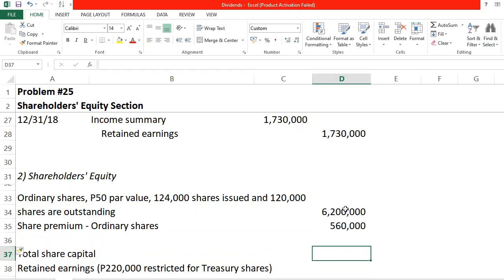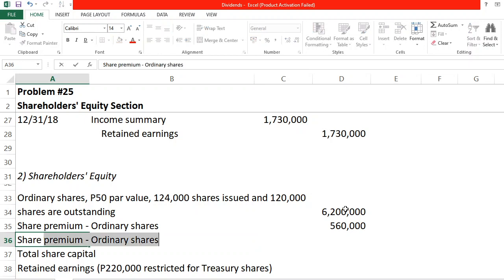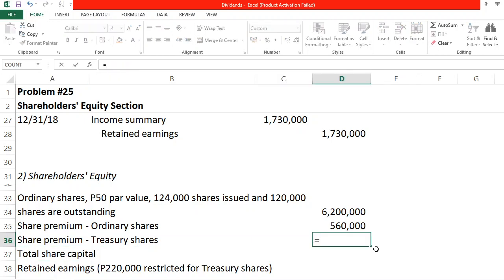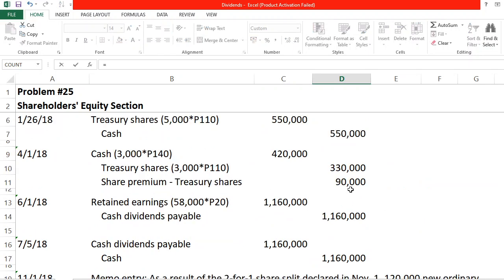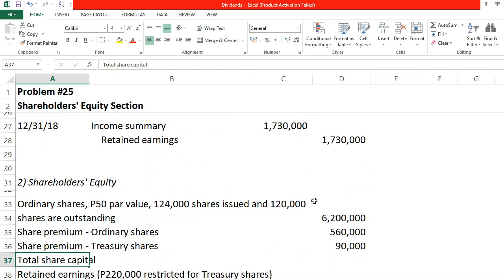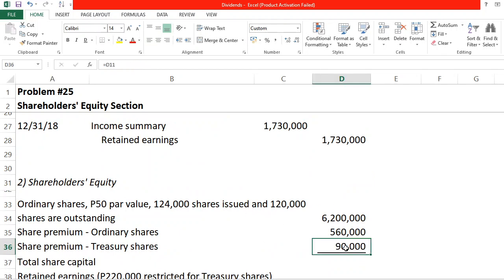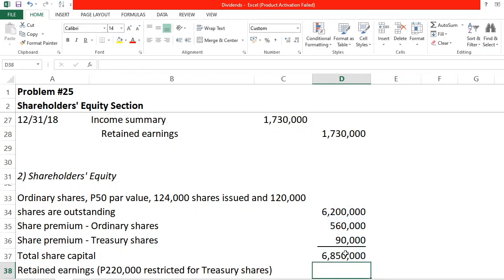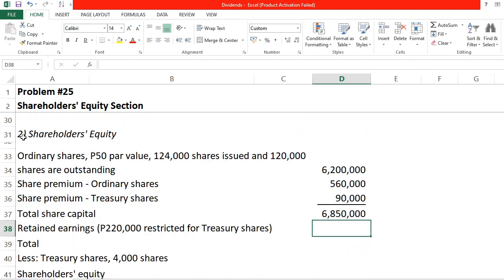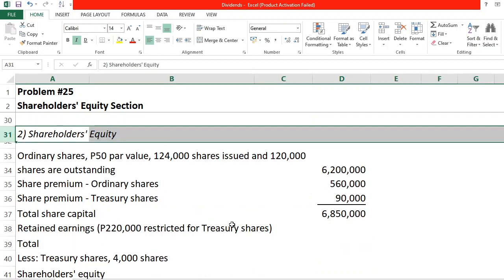Let us consider another share premium. Share premium treasury shares. Wala tayong beginning, so our share premium treasury will be this. Ito lang, 90,000. Okay? And then, that would be our total share capital. That amount. 6.85, but we are going to compute for the whole shareholders equity.